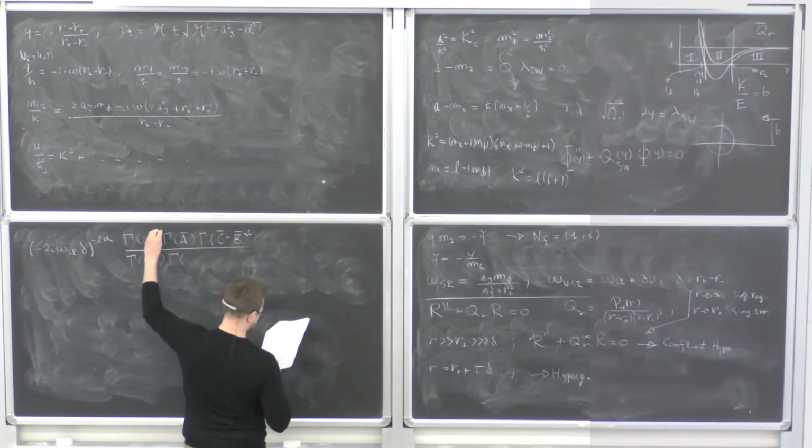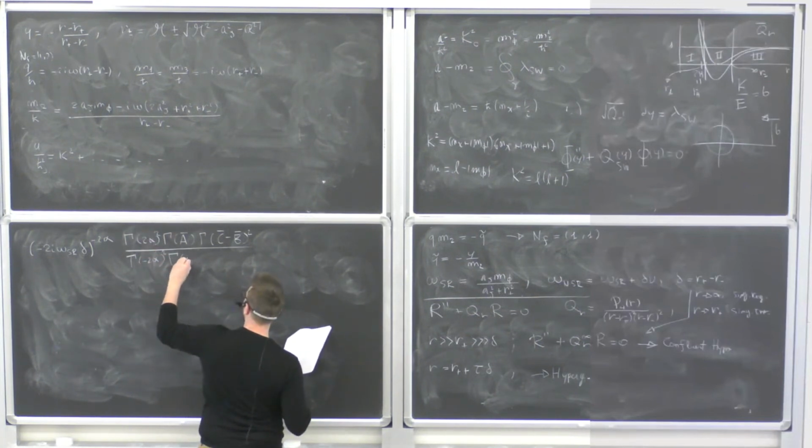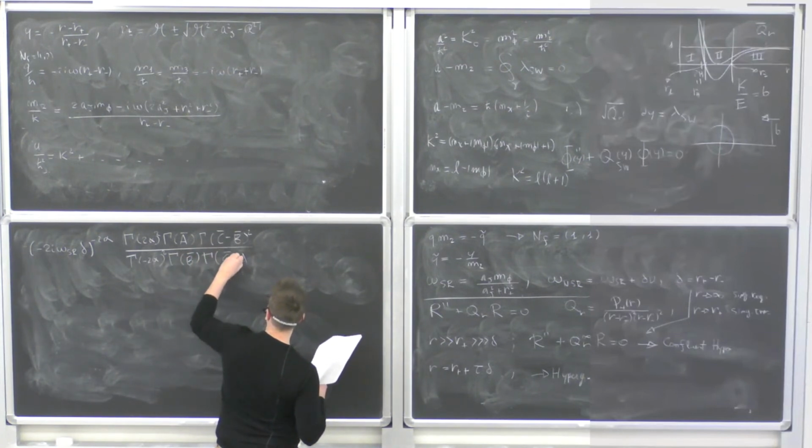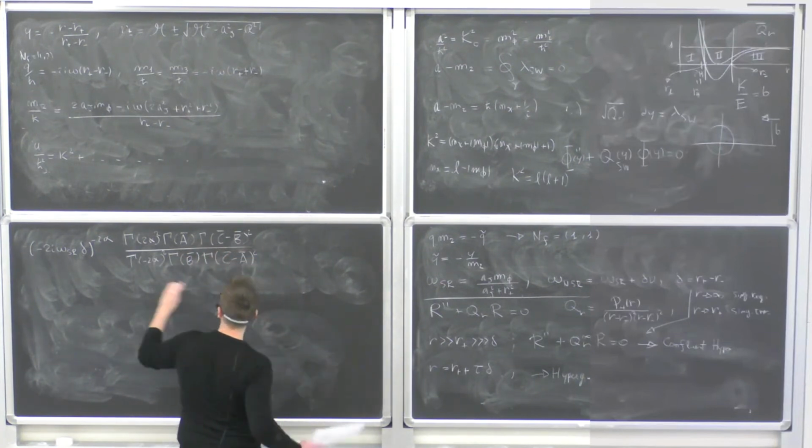There's a squared here, and a squared here, and there is B bar, and then there is gamma of C bar minus A bar squared. And this will be equal to 1.